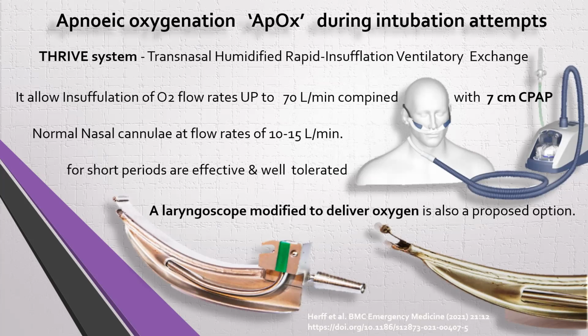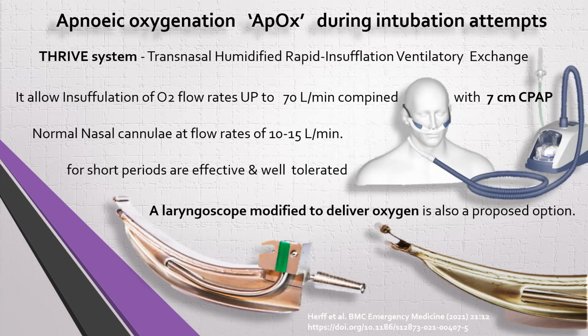Regularly, a normal nasal cannula gives oxygen flow at a rate of 10 to 15 liters per minute. This can be effective and well tolerated if given for a short period, but for a long period it gives dry air, which can be painful for some patients.